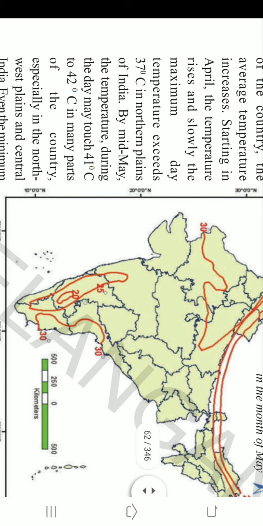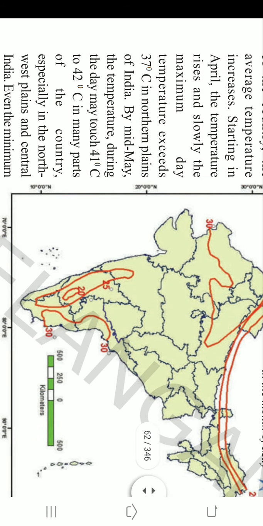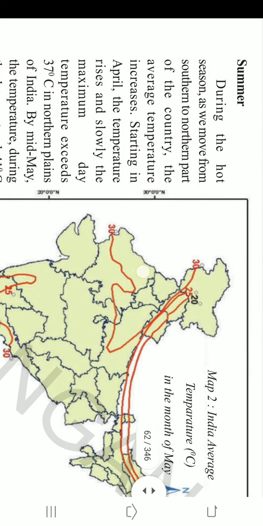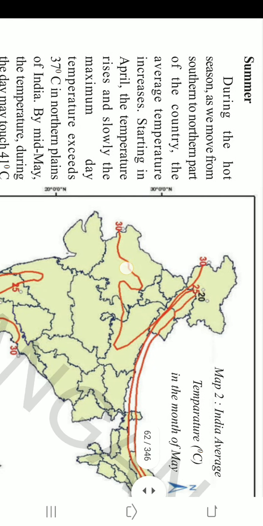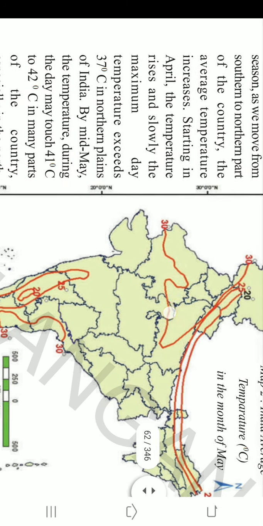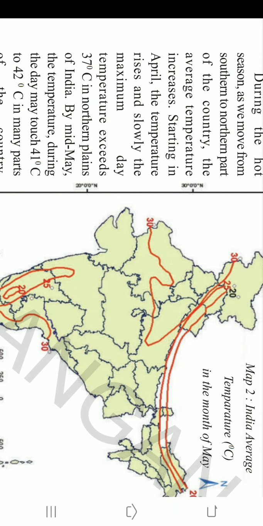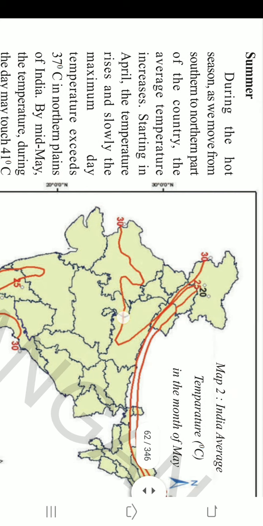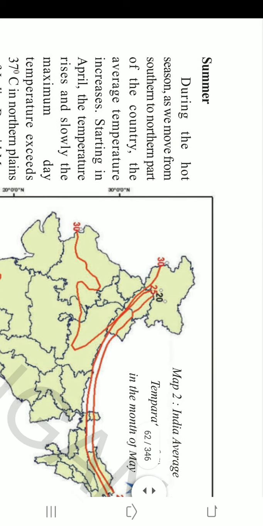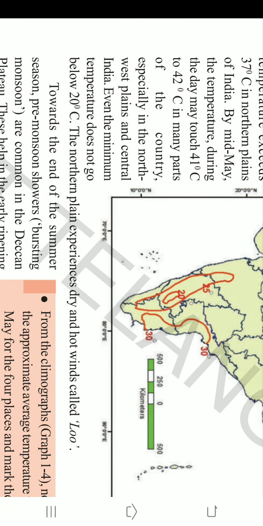In the month of May, it touches 41 to 42 degrees centigrade in every part of India, especially the western plains, that is the Thar desert, and central India, where Madhya Pradesh, Uttar Pradesh, Bihar, and Jharkhand are. This is called the central part of India. There the temperature reaches 41 to 42 degrees centigrade.